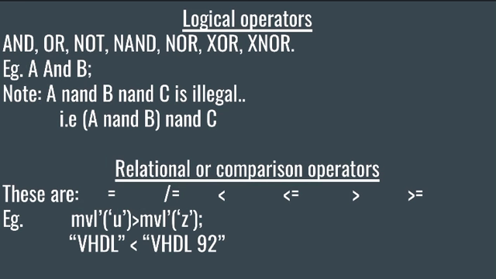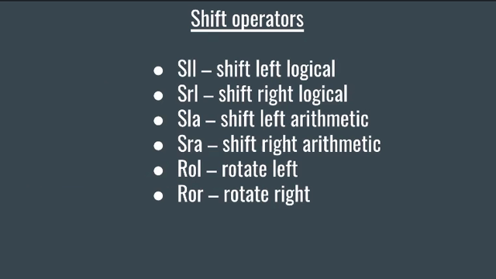Next we have the topic called relational or comparison operators. These are some of the symbols for the relational and comparison operators: equal to, greater than, greater than or equal to, less than, and less than or equal to. I also mentioned some examples for these. Next we have the shift operators.